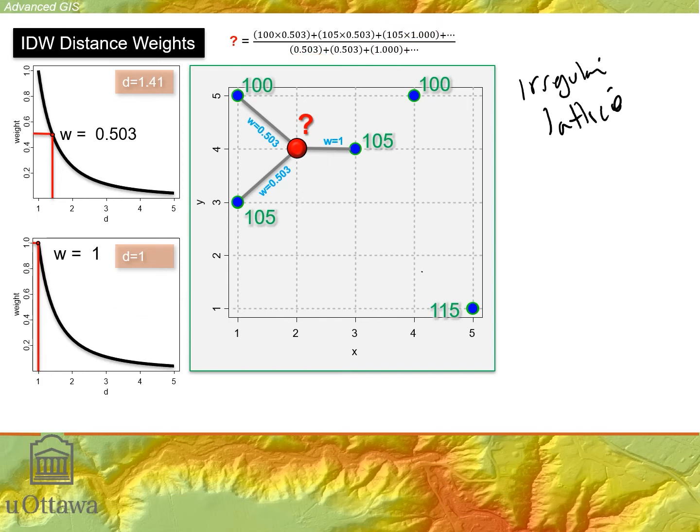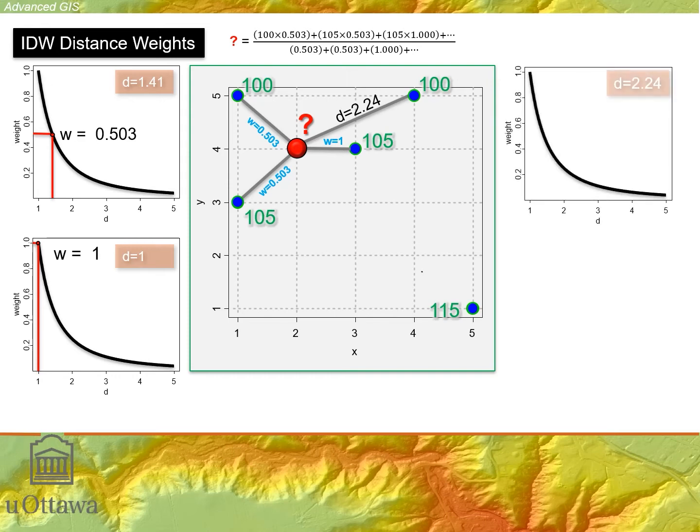Let's look at the next one then. So distance 2.24. At a distance of 2.24, what will the weight be? Well, we draw our inverse distance weighted curve, and we mark off 2.24 on the x-axis and find the weight, which is 0.199.